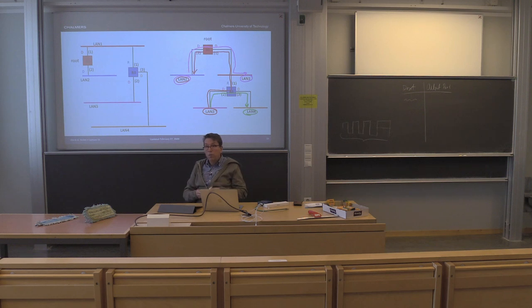So now we have a loop-free topology, but maybe you can spot a problem with this topology. Yeah, so we made transferring from LAN 2 to LAN 3 worse, right? By removing that link.